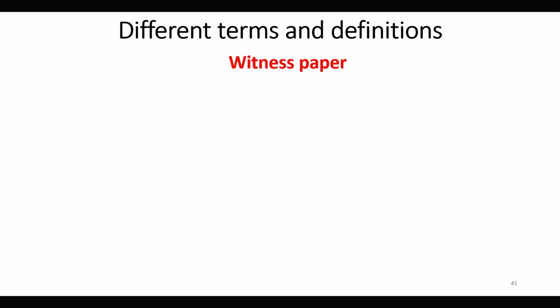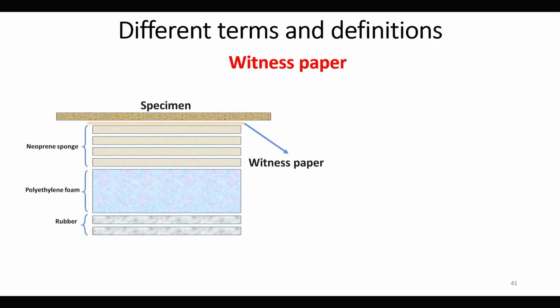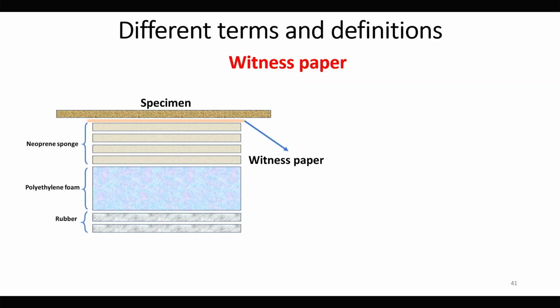Also, there is a witness paper we can place. Above the neoprene and below the fabric specimens, we use the standard witness paper. So, the specimen will be at the top, which will be tested, then the witness paper, then 4 layers of neoprene sponge, then a single layer of polyethylene foam, and 2 layers of rubber.